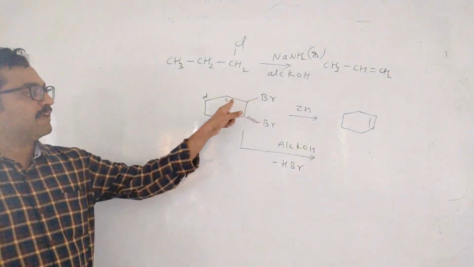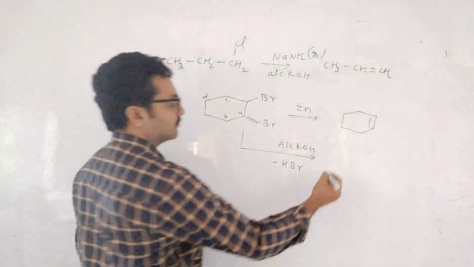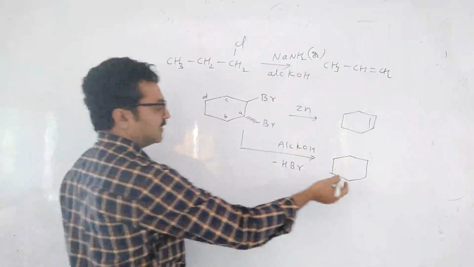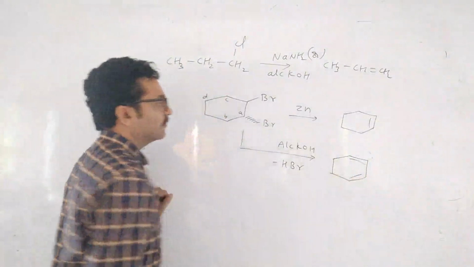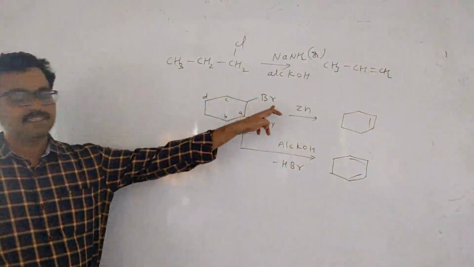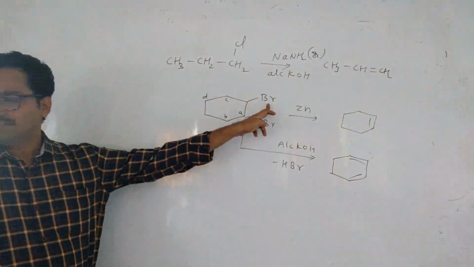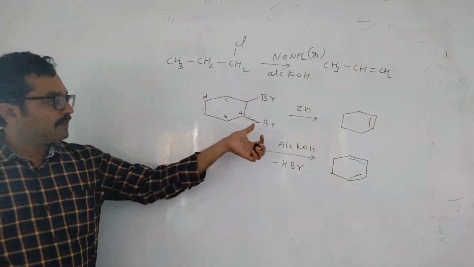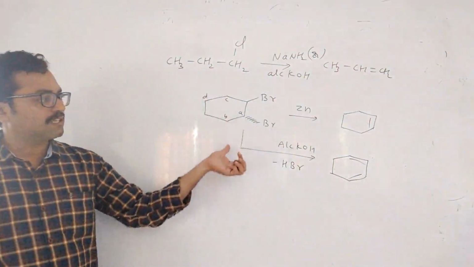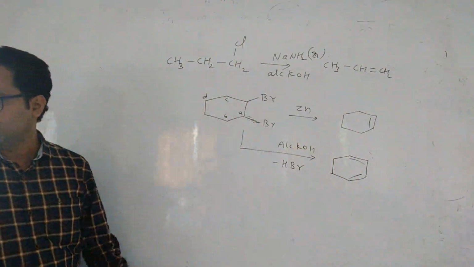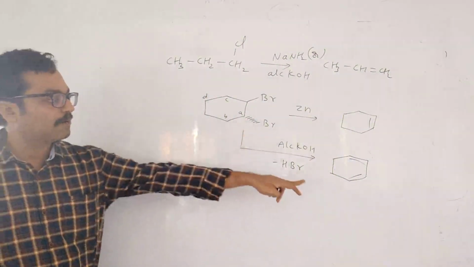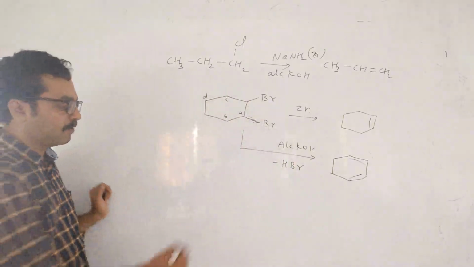First case, anyway, you can get this. Here there is a chance of both this one and this one. Because, see children, if Br is like this, H can be removed from here. Two types of H. But if Br is like this, here also H can be removed. Here both cases no problem. Br and H are removed, one double bond came.